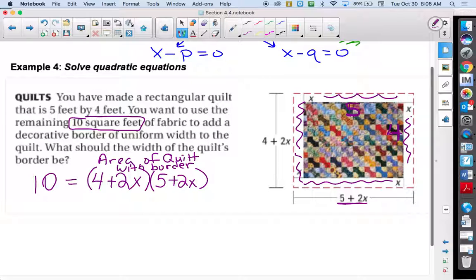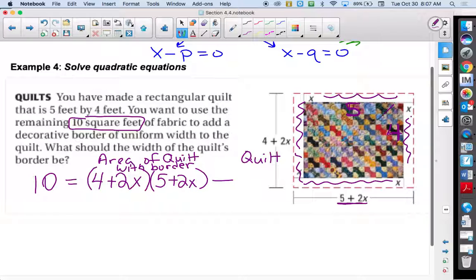But we're only worried about the border part because we already have this quilt made. And the border would be if I could take that quilt out and then we just have that framing piece left.